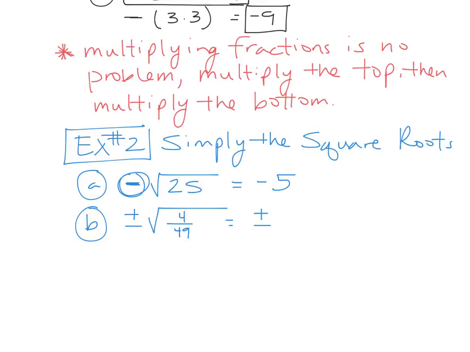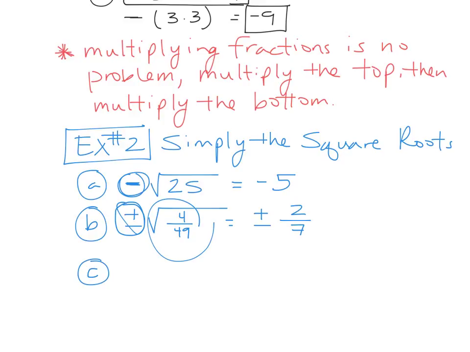Not negative, just 2 over 7. So this positive negative is saying we want the positive version and the negative version of that square root of 4 over 49. When you take the square root of 4, you get 2. Square root of 49, you get 7. So it's a positive 2/7 and a negative 2/7. Okay?